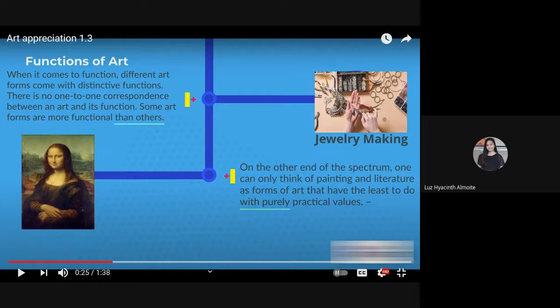Unlike in practical arts such as jewelry, or for example a house, where the viewers will look at its practical benefits.